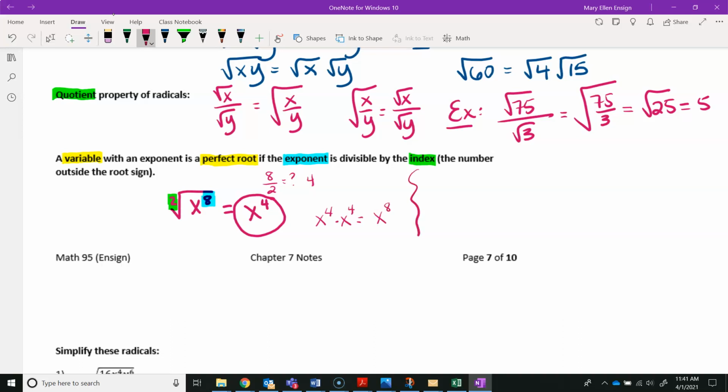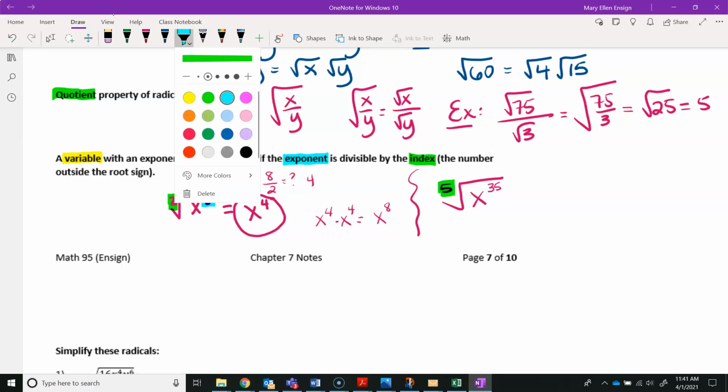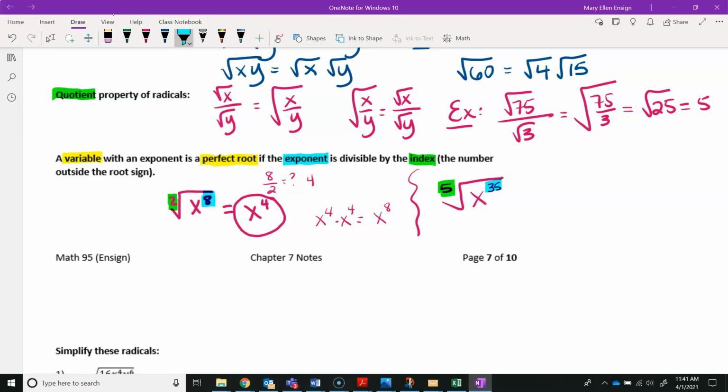Okay, let's do another example. So let's say I have the 5th root of x to the 35th. Now, what sometimes people get confused about is that we're not looking at whether 35 is a perfect fifth or a perfect square or anything. What I'm looking for is if that exponent of 35 is divisible by my index of 5. Can I take 35 and divide it by 5?